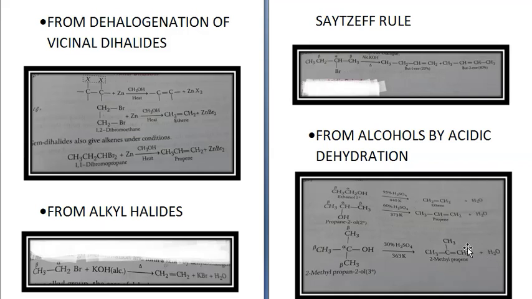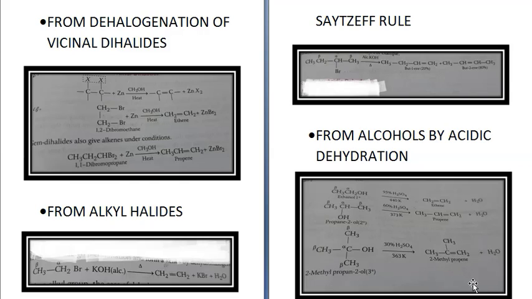If you take a tertiary alcohol like 2-methylpropan-2-ol, (CH3)3COH, and you treat it with 30% sulfuric acid at 363 Kelvin, you get (CH3)2C=CH2, that is 2-methylpropene, plus H2O.